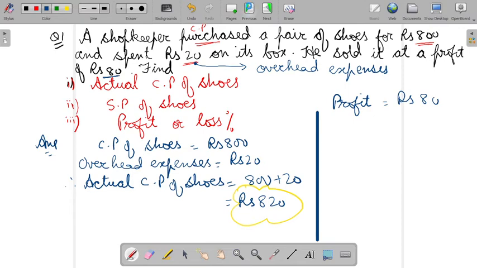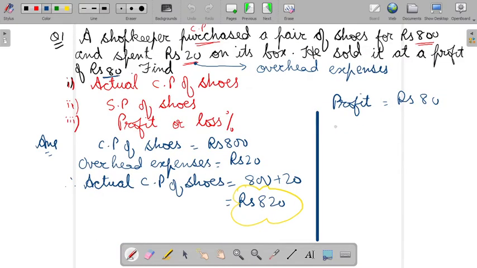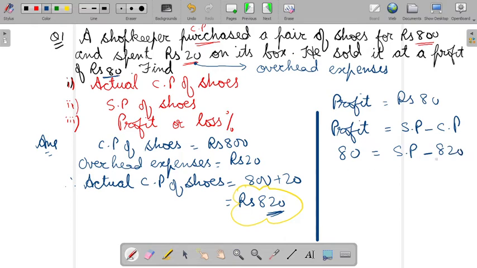Look at the formula: selling price minus CP equals profit. So 80 equals selling price, which we have to find out, minus the CP, which is 820. Now shift it to the same side. So 80 plus 820 would be the selling price. So how much would it be?